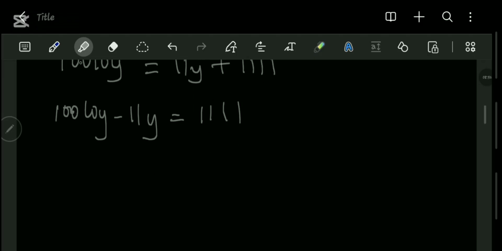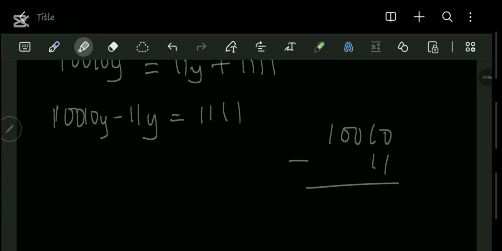So if you subtract this left hand side in base 2, you have 10010 minus 11. So we are subtracting 0 minus 1, which is not possible. We have to borrow 1 from here and leave here with 0, put it here, that's 10, and 10 minus 1 in binary is 1, right?